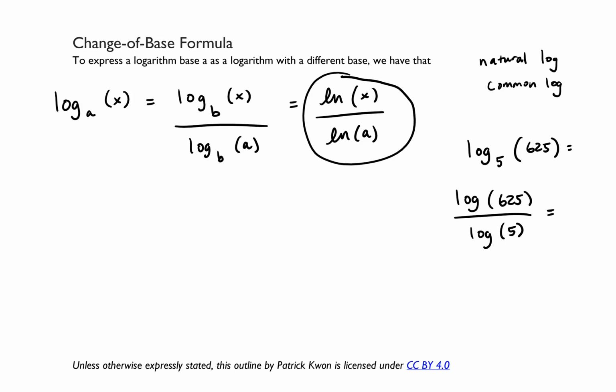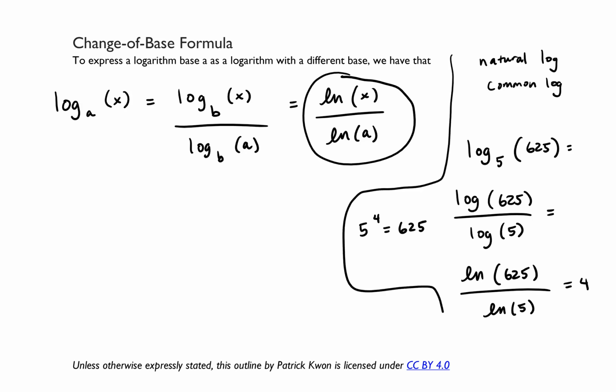And this is also equal to the natural log of 625 over the natural log of 5. And all of these are equal to 4, and the reason for that is because 5 to the 4th power is equal to 625. So this was just a side note as to why we might care about the change of base formula.